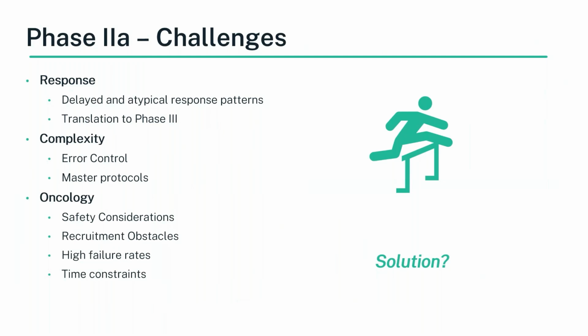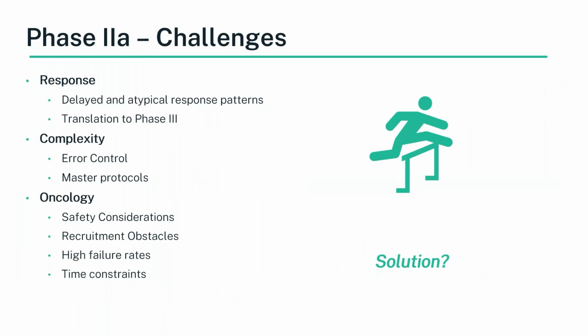Pseudo progression, delayed onset or a long tail in the response breaks the assumption that an early landmark, let's say 8-week progression-free survival, is going to be informative about the final outcome. So that undermines the classical Simon type design.